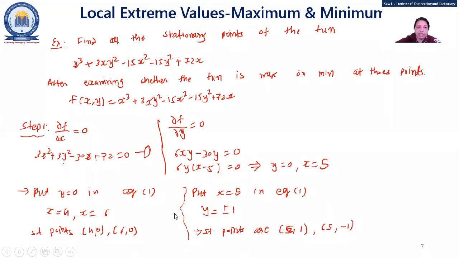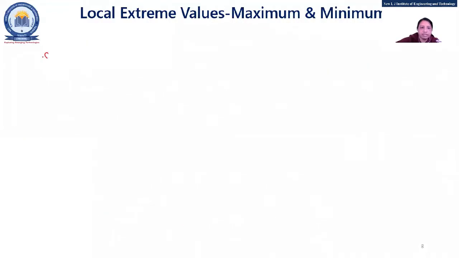Now step 2 is what? You have to find R, S and T. R is del 2f by del x square, S equals del 2f upon del x del y, and T is del 2f upon del y square.